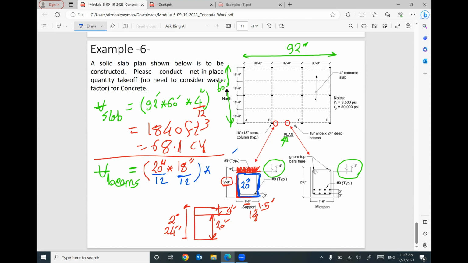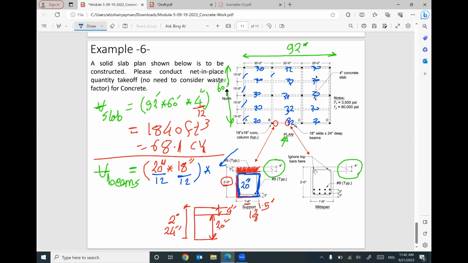Times what is the total length of your beams? What is the total length? We have here this is 30, this is 30, this is 30, 30, 30, 32, 32, 32, 32, 32, 30, 30, 30, 30, 30, and we have 15, 15, 15, 15, and this 15 is repeated 4 times. So the total length will be 15 times 4.